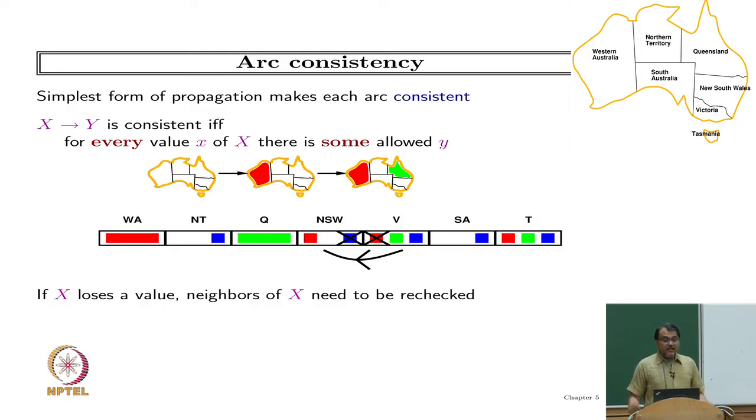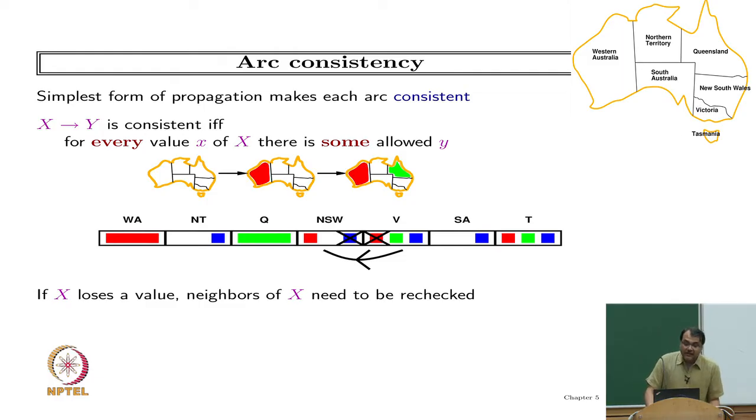For every value of Victoria, do we have a value for New South Wales? For Victoria green, yes. For Victoria blue, yes. For Victoria red, do we have a value for New South Wales? No. So, Victoria cannot be red, right.